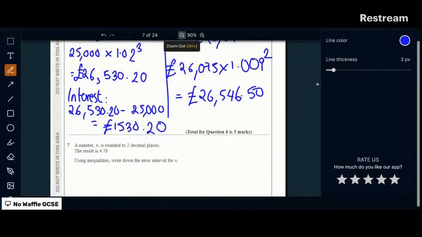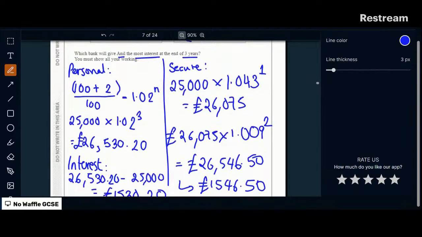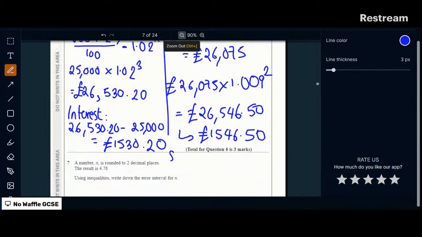So the value of the total interest obtained in that way is going to be that value minus 25,000, which is just £1,546.50. So the secure bank earns more interest. It's important to always show that so you have your final statement. The secure bank provides greater interest.